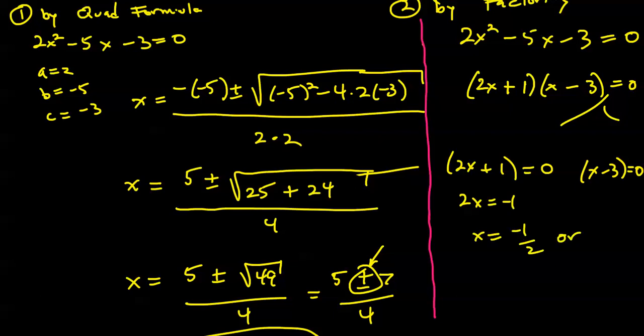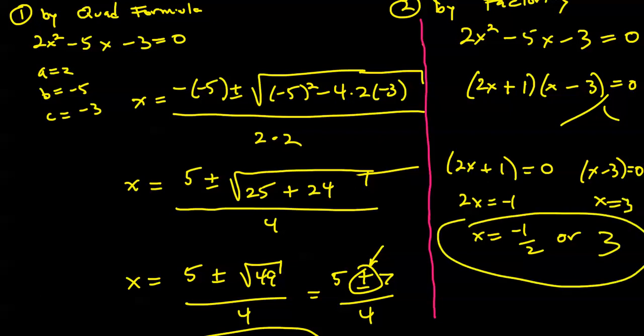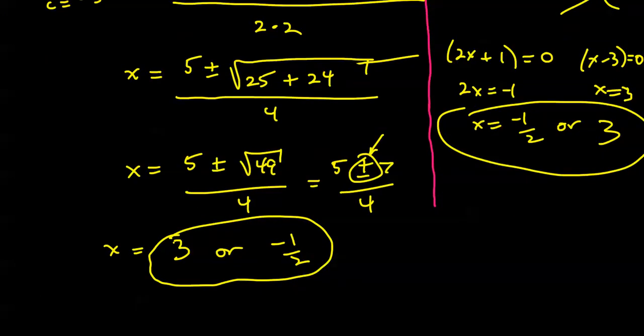Or, if x minus 3 equals 0, that means x is 3, so 3 on the right branch. And notice I get the same two solutions for x: minus 1/2 or 3, in both the factoring and the quadratic formula techniques.